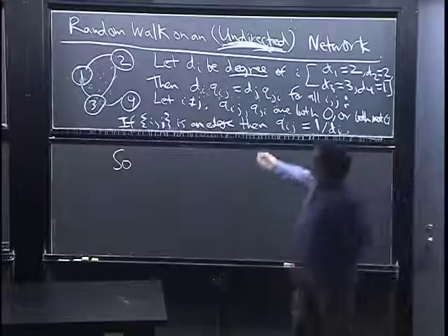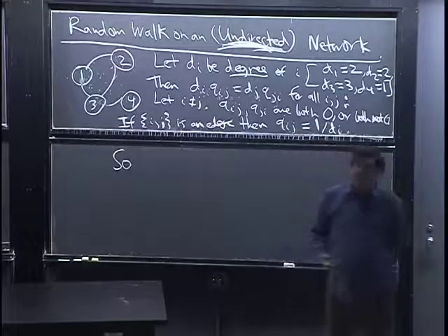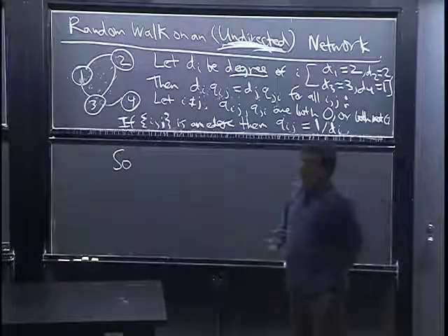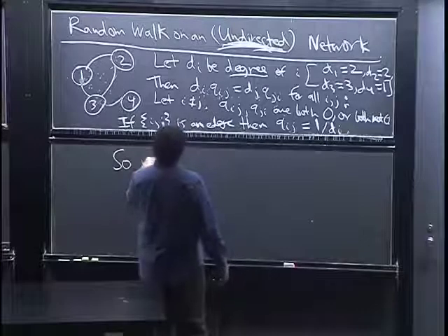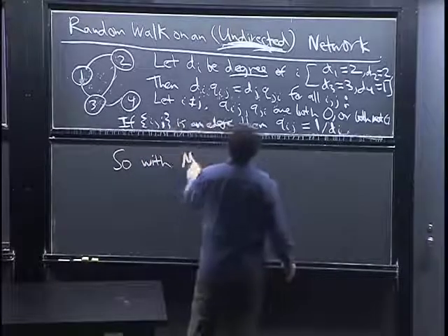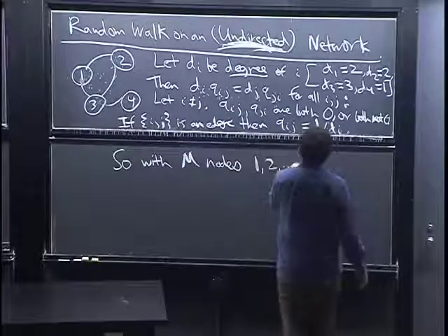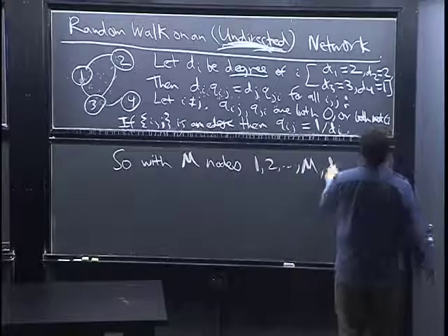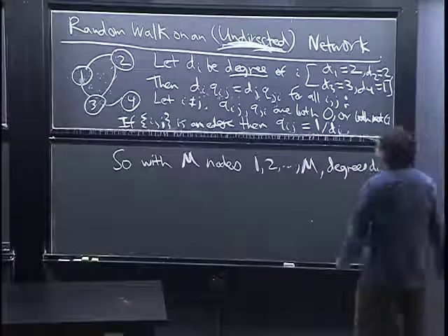This will still be valid if we multiply both sides by a constant, so we just need to choose a constant so that we actually get a probability vector. So in general, let's say we have m nodes, labeled 1 through m, and the degrees are d_i, that is, the degree of node i.